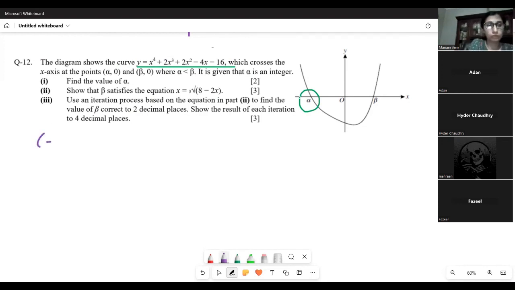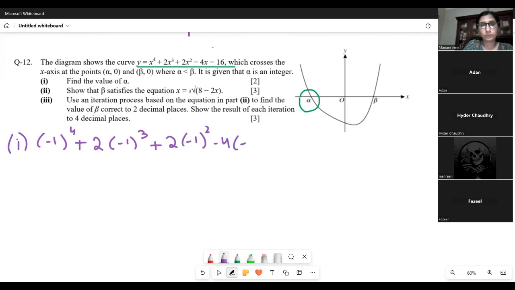So -1 power 4, this is hit and trial, plus 2 times -1 cube, plus 2 times -1 square, minus 4 times -1 minus 16. Is this equals to 0 or is it not equals to 0? Well, what do we get?